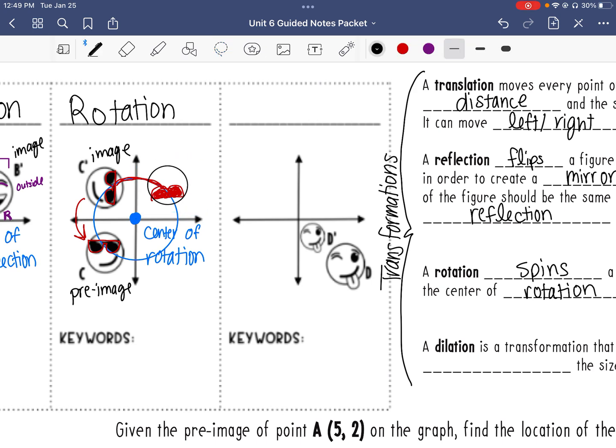And you could even do the little grin. It would go kind of like this if we were to rotate it, right? Nope, that's wrong, I'm sorry. Rotation would look like that. So with rotation, the key word would be spin.